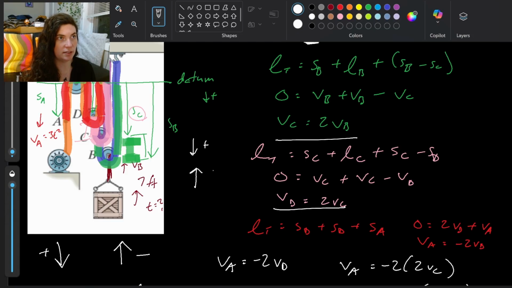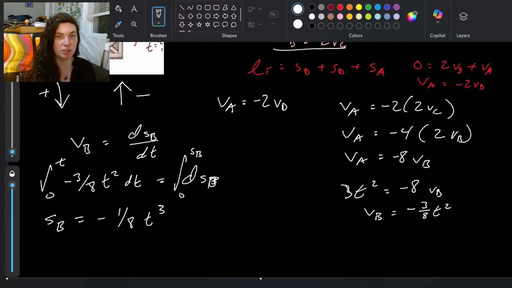We are lifting by 7 feet, which means that SB, that change in position from where we were lifting up, we are lifting a -7 feet. It started at a position of 0, you could say, and as it's getting closer to the datum, it's going negative. Opposite of the position we expected, the way that we drew our datum.